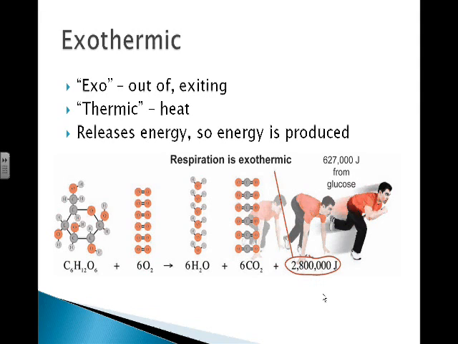Now, that is a reaction that releases energy, which is great for us because we use that energy. So respiration is exothermic. Notice that the energy that's being released is written as a product here. It's being produced, and this energy is then exiting the system.